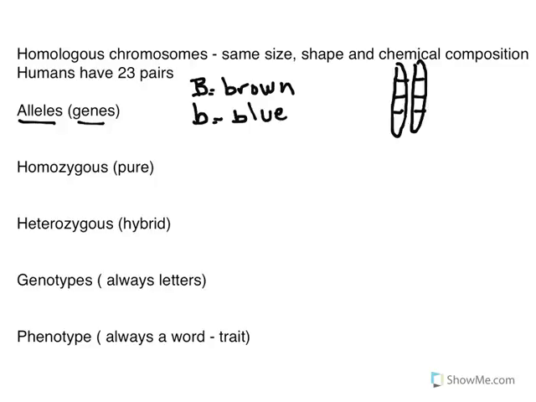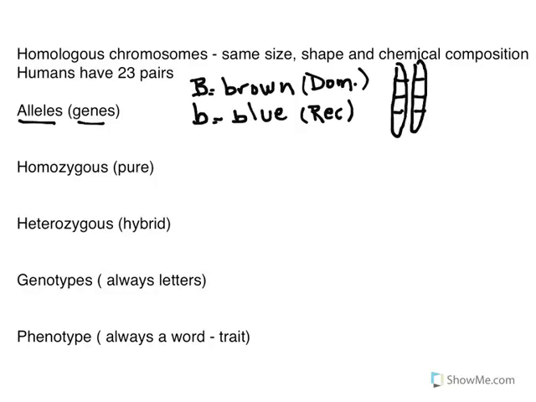Now, if the allele is represented with a capital letter, that means it's dominant. If it's represented by a lowercase letter, it's recessive. And that means that once a dominant gene is present, the recessive one cannot be expressed. You will only be able to see the dominant gene.